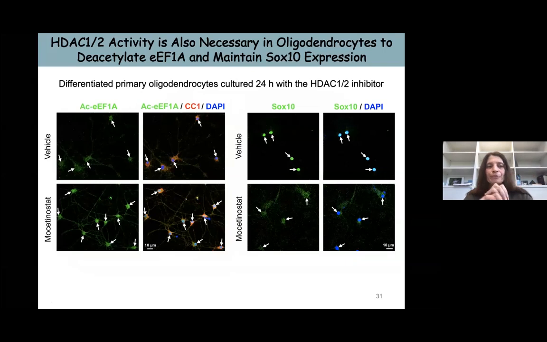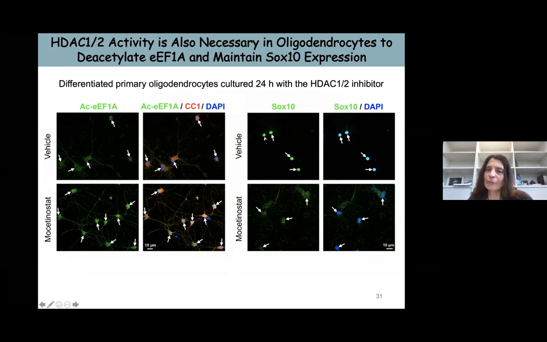So we did primary oligodendrocyte cultures, differentiated them, and then treated them for 24 hours with the HDAC1/2 inhibitor mocetinostat. Here are the vehicle-treated cells and the mocetinostat-treated cells. You can see the strong increase of acetylated DF1A in the CC1-positive cells.